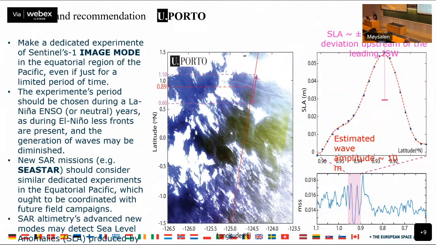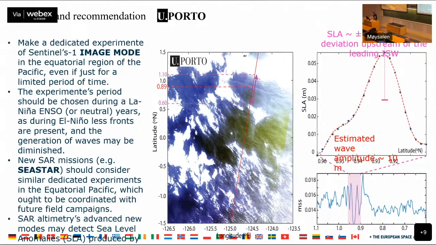You see some oscillation at the moment of the internal wave packet passing. And you see also that there is a standard deviation of the sea level anomaly that is increasing with an amplitude of 3 centimeters. So in fact, it's possible to detect the internal waves that you see on SAR and optical also on altimetry, both on the cross section and the sea level.